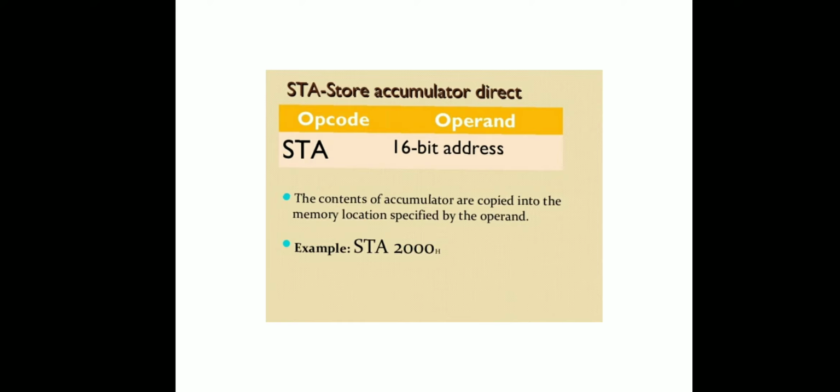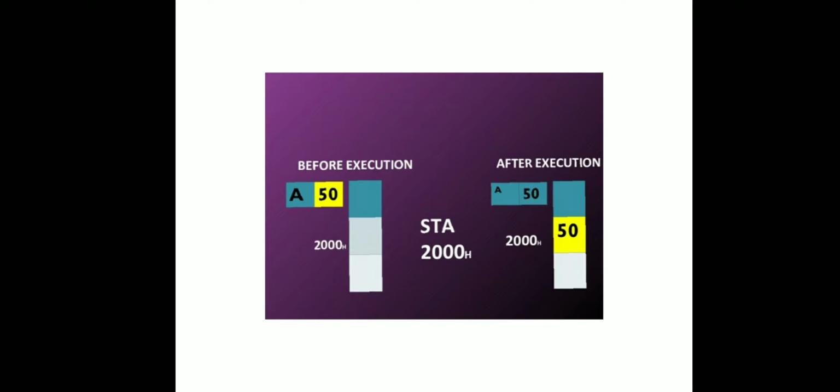After the execution of this instruction, the 8-bit data present in the accumulator is copied to memory location 2000H. As shown in this example, after execution of this instruction, the data of the accumulator is copied to the memory location.